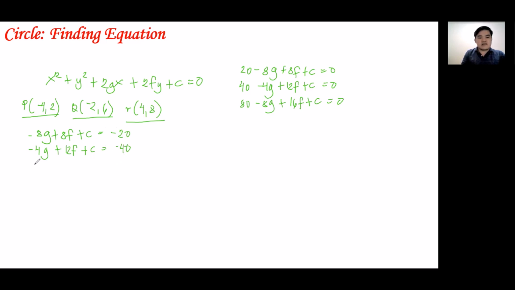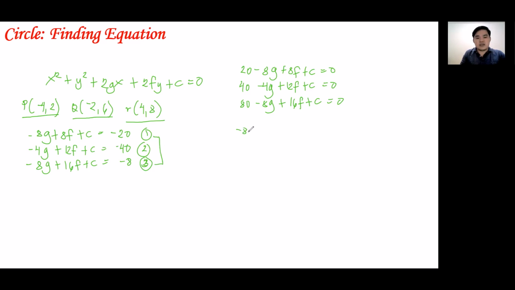Okay, next one is negative 8G plus 16F plus C is equal to negative 80. So first and foremost, we're going to get equation number 1 and equation number 3.